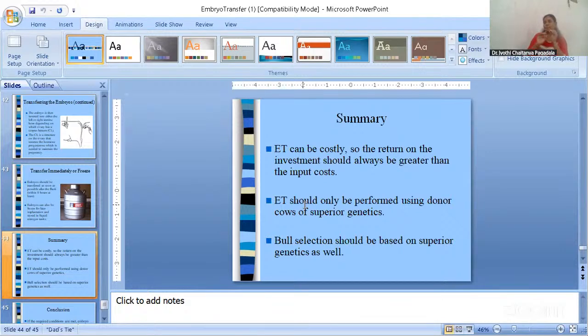Coming to the summary, the embryo transfer technique can be a costly one, so the return on the investment should always be greater than the input cost. Embryo transfer should only be performed using donor cows of superior genetics. Bull selection should be based on superior genetics as well.